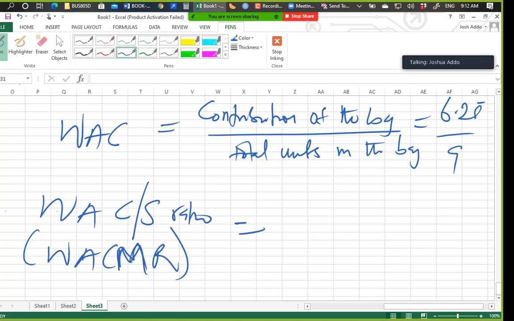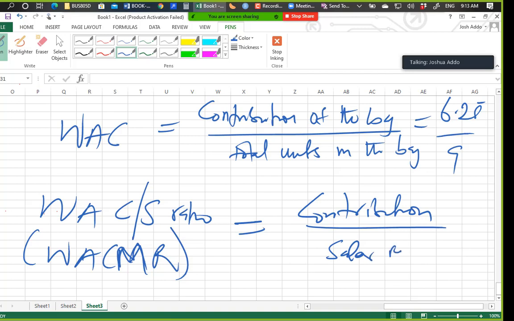It is the contribution in the bag, but this time round, just like in the single product environment, we divide by the sales revenue in the bag. Look at the difference.